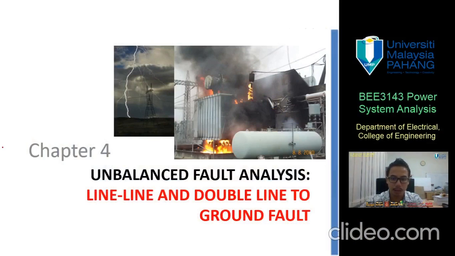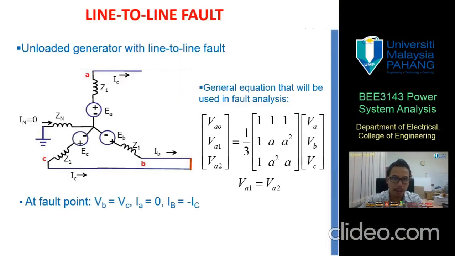So I hope you can understand. Under the line to line fault, what is the difference from the single line to ground? Several differences here. One is that phase C and phase B are connected. Because they are connected, IB equals minus IC.